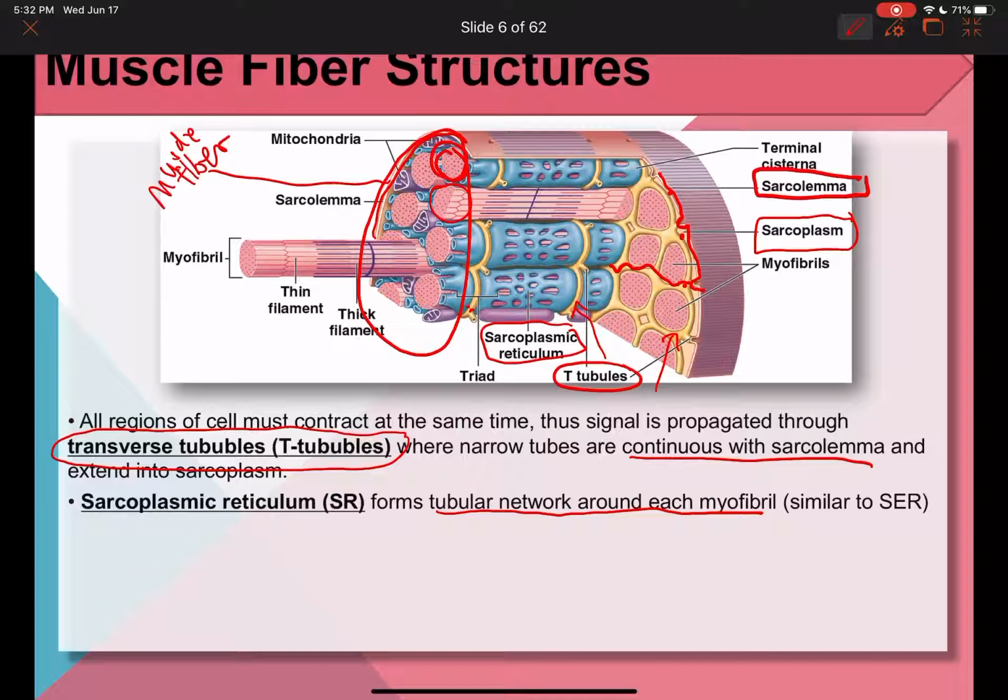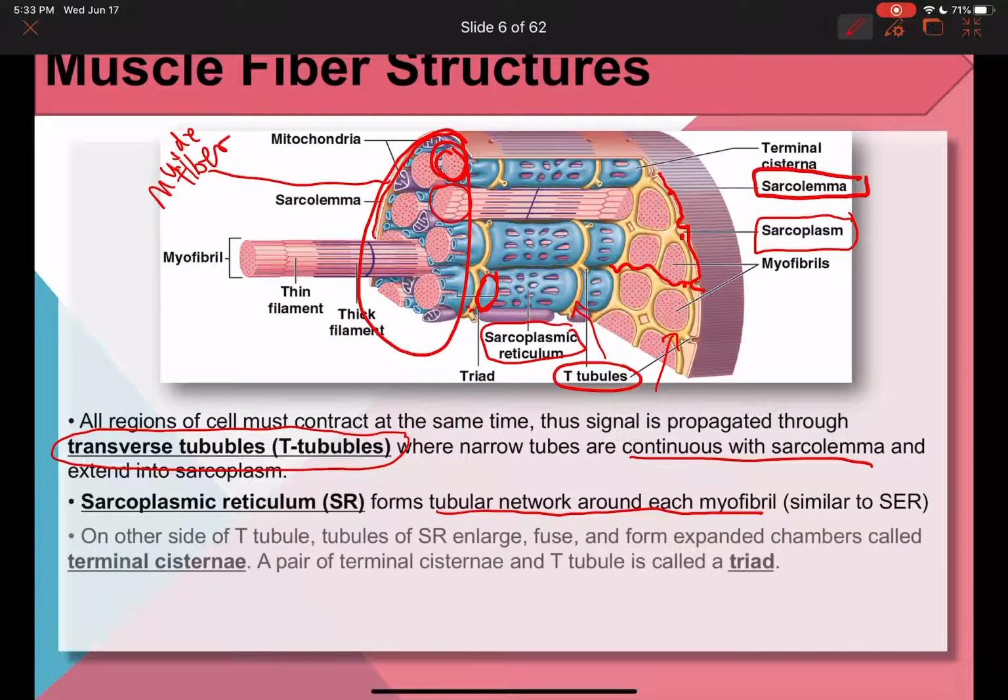So that expanded region you're seeing here is still part of the sarcoplasmic reticulum, but there's a special name for it called the terminal cisternae. Terminal cisternae is not a separate part of the muscle fiber structure per se. It's still continuous.